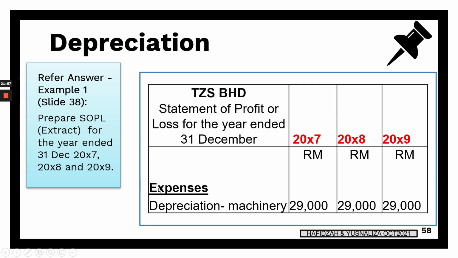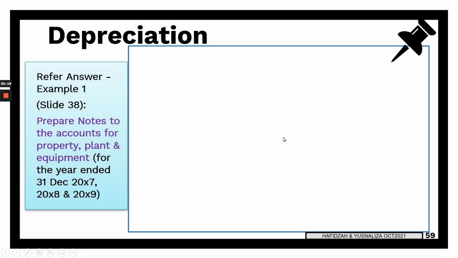This is how you put it under the statement of profit or loss. It will be totaled up under the expenses first. If you have prepared for publication, you need to go and settle the expenses under admin expenses, include the depreciation. But here it was just an extract statement of profit or loss for 3 years. So you can see that they are all the same.